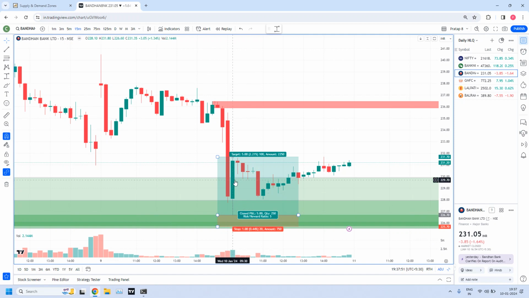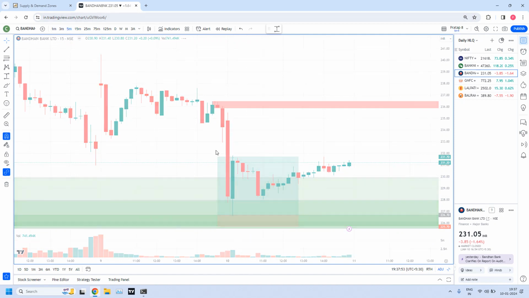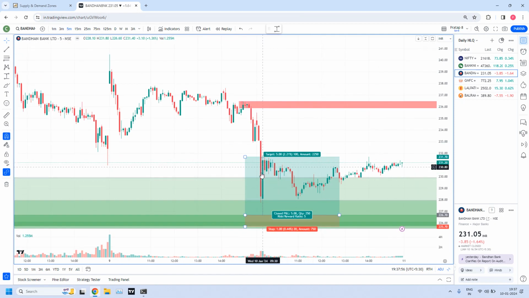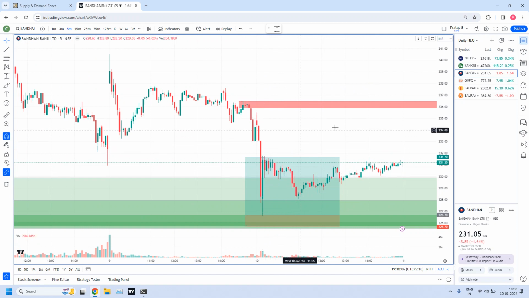And this you achieved within 5 minutes of your trade. It reached the target. So this is about Bandhan Bank. And the remaining trades are not executed.